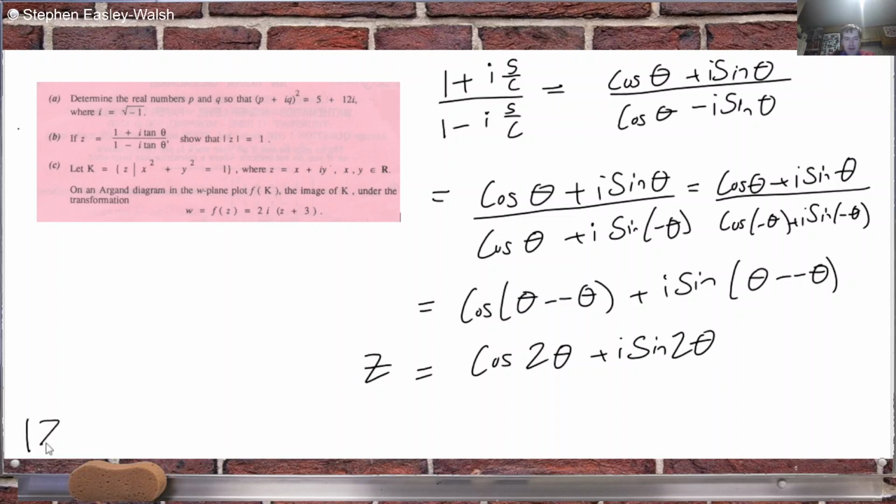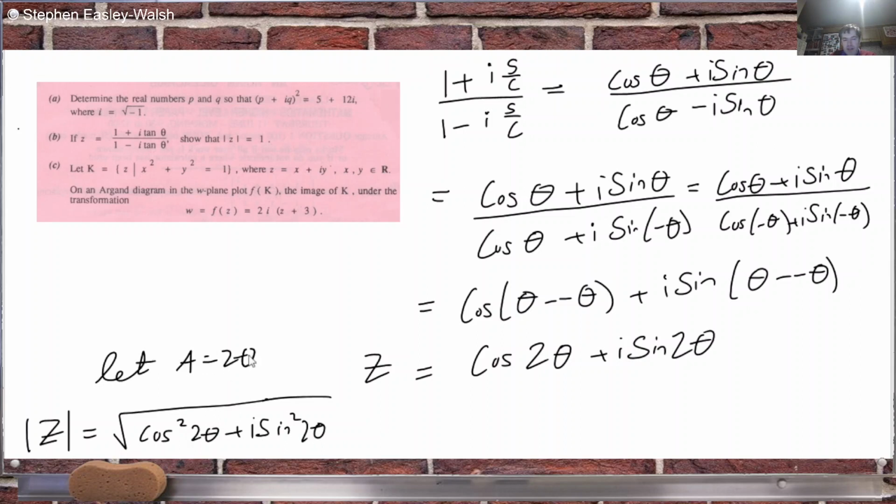So therefore the modulus of z will equal the square root of cos squared 2 theta plus sine squared 2 theta. And if you let a equal 2 theta, then this becomes the square root of cos squared a plus sine squared a, which equals square root 1, which is 1.